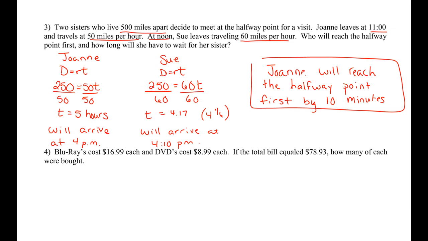We knew that 1/6 of an hour was 10 minutes, because if you think of an hour being 60 minutes, 60 divided by 6 is 10. That adds the 10 additional minutes to our time.